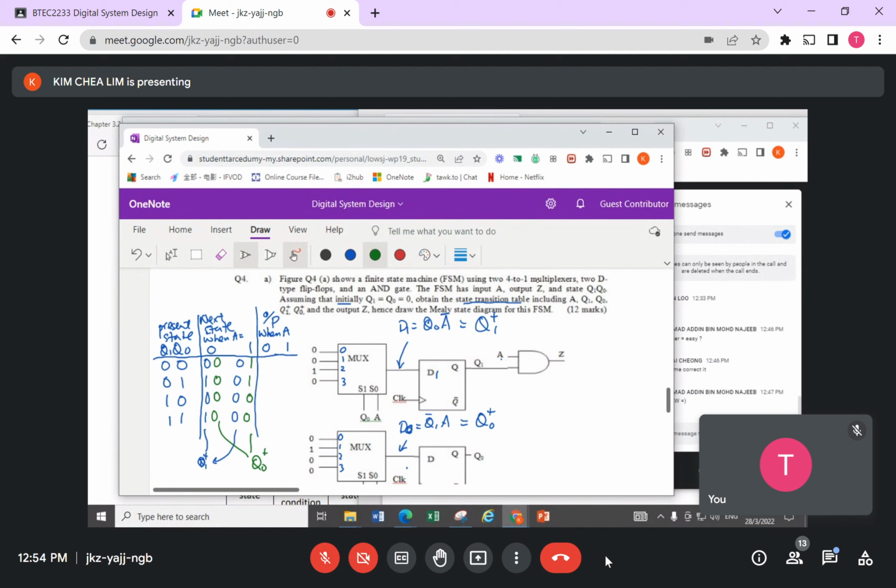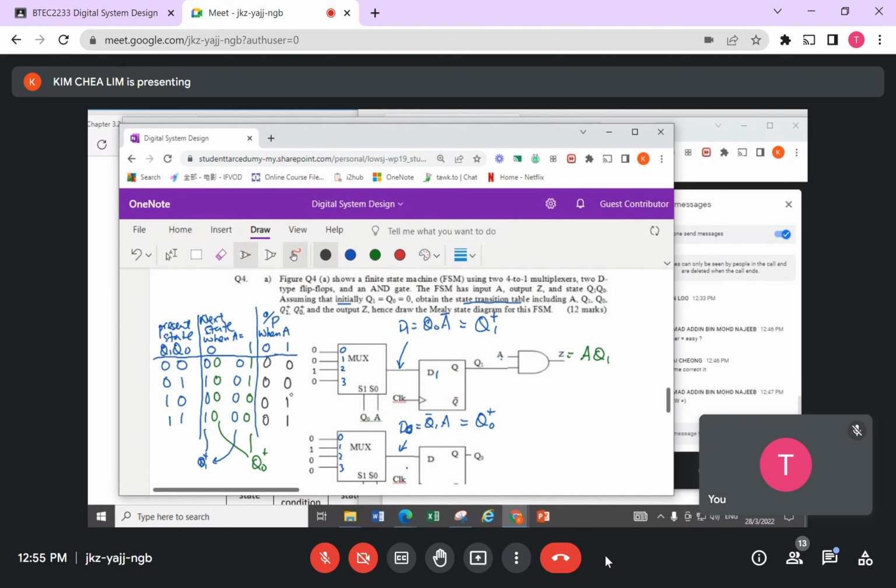My Z equation is given by A AND Q1. A must be a 1, Q1 must be a 1. So this one here never meets, because A is a 0. A must be a 1, Q1 must be a 1.